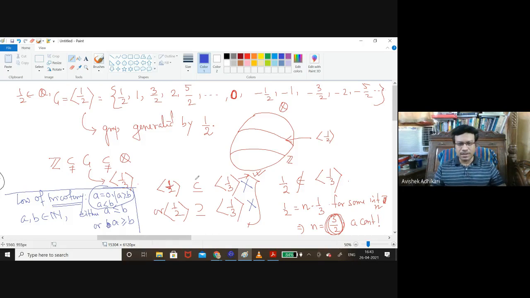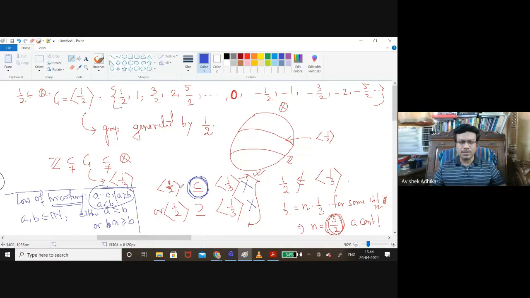But here this relation is not like that. It might happen that two subsets do not have this relation. So they are not actually equal, or neither is a subset of the other. So it's a quite interesting relation.